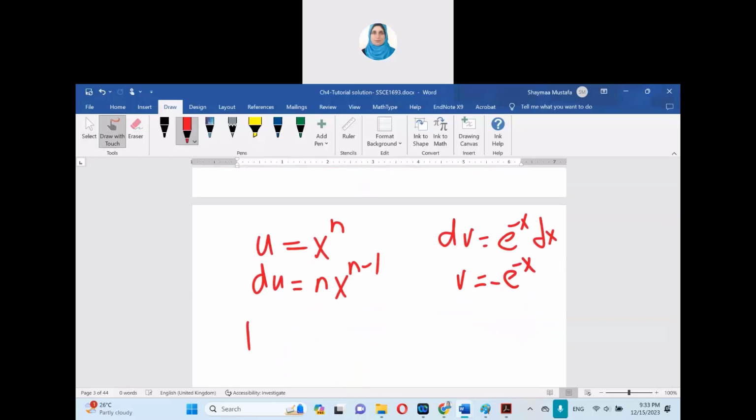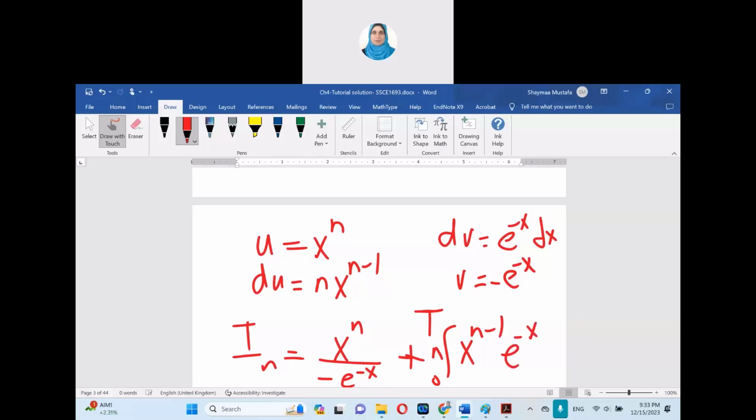So In is equal to uv, which is x to the power n times minus e to the power minus x, plus the integration from 0 to t of n, as a constant, times x to the power n minus 1 e to the power minus x dx.